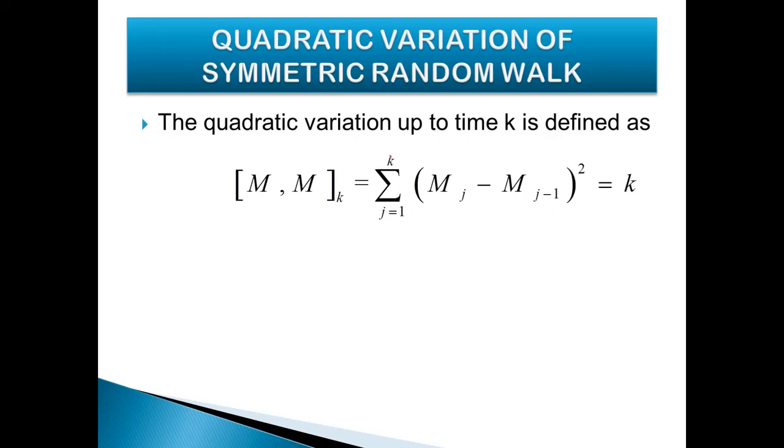So the summation from j equals 1 to k of X_j square means the summation from j equals 1 to k of 1, so it will be equal to k. You understand, right? If we have X_j square, the value is always 1. So if you take the summation from j equals 1 to k, you have k. That's why the quadratic variation of a symmetric random walk is equal to k.